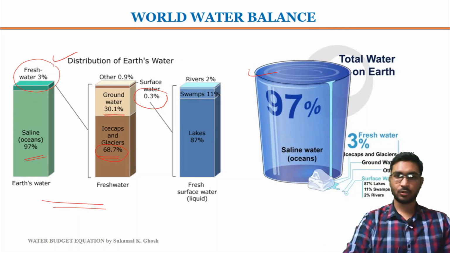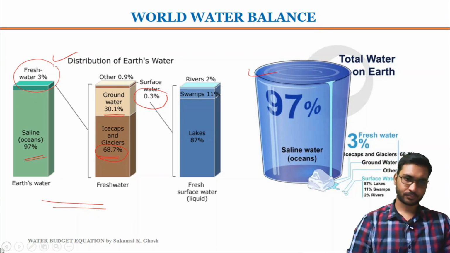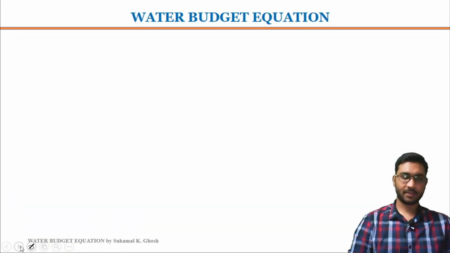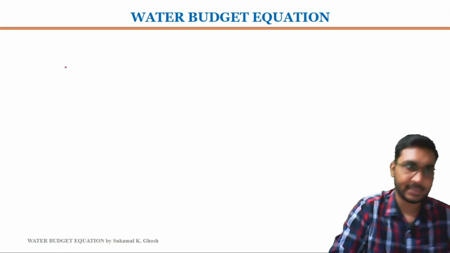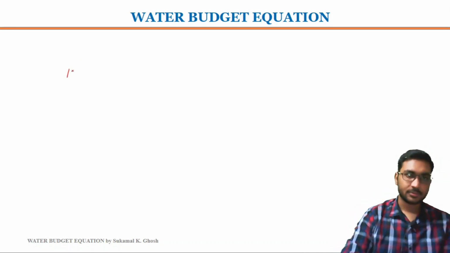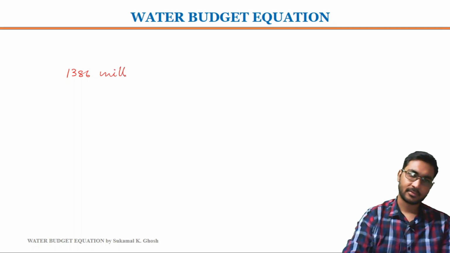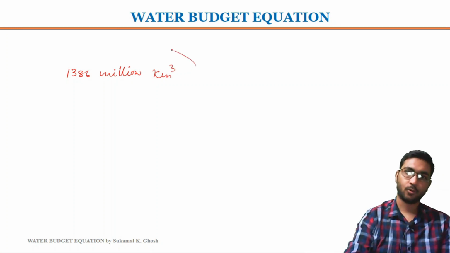Okay, if you convert this data into some mathematical figures, then say our world has 1386 million kilometer cube of water.